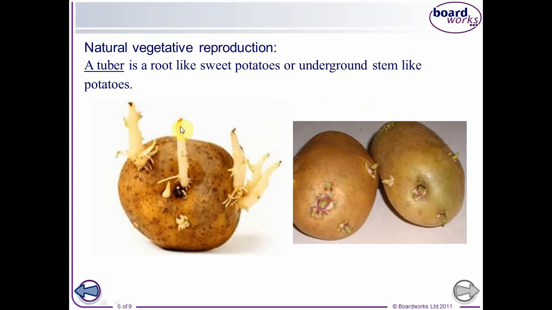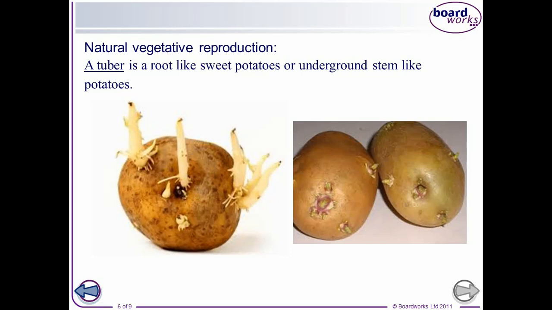This part called bud, it's very important in the natural asexual reproduction, and this is called reproduction by tuber. How does the reproduction happen? Just cut a piece of this potato with bud and put it in the soil, it will grow and reproduce another plant of potato or sweet potato.